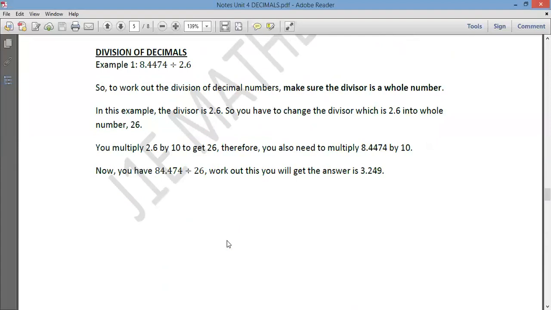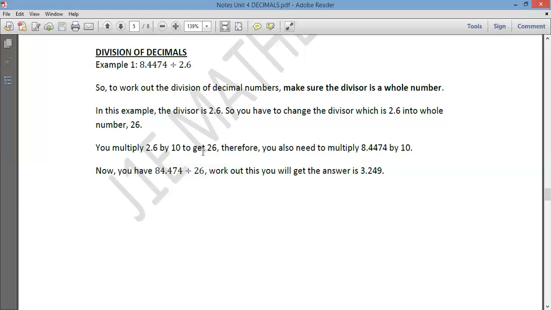Okay, next one, division of decimals. To work out the division of decimal numbers, you have to make sure the divisor is a whole number. For example 1, the divisor is 2.6. So you change 2.6 into 26 by multiplying by 10.